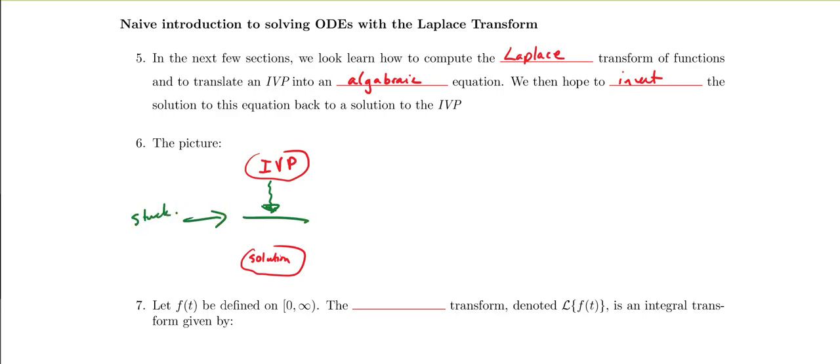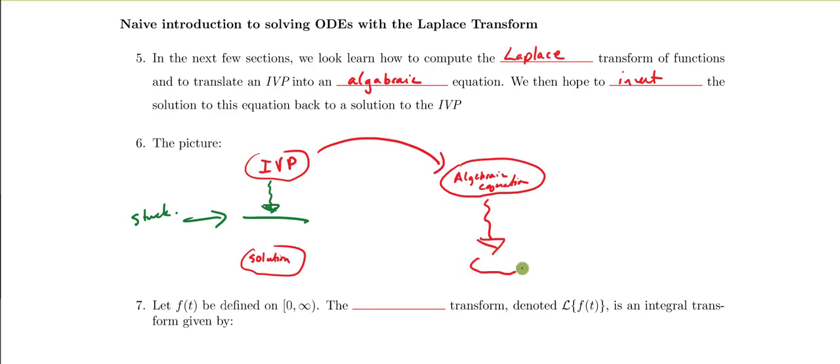So what we do instead is convert that IVP into an algebraic equation. Our goal is to then solve that and then translate that solution back to a solution to the original IVP.